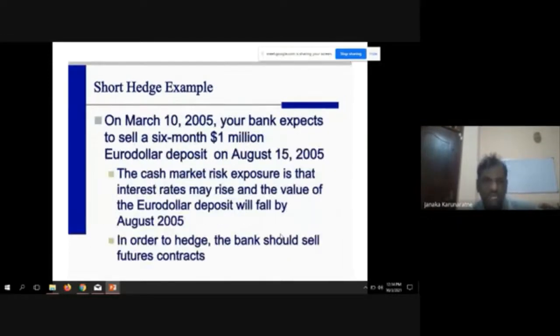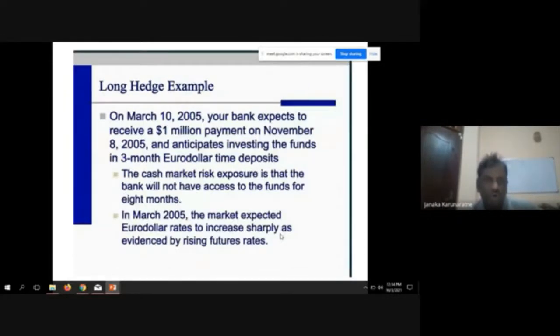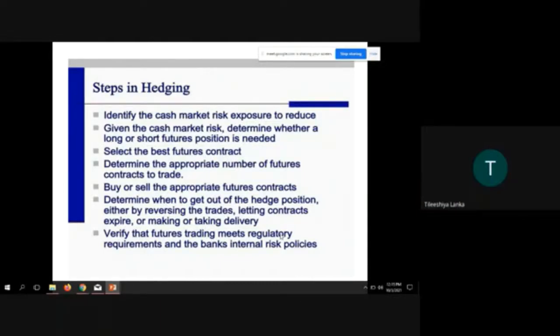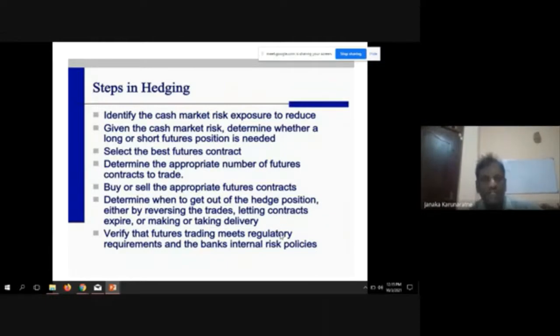So let's cover two more theoretical parts before we explain the practical scenario. So basically, when you use futures contracts for hedging, the first thing is you have to identify the cash market risk exposure to reduce. What is the risk you want to reduce? Because without which you don't know what to do.